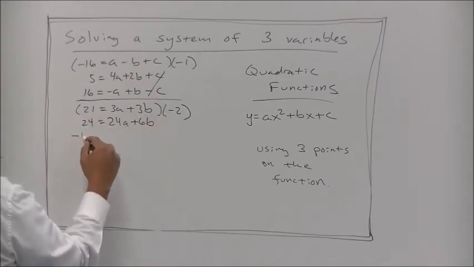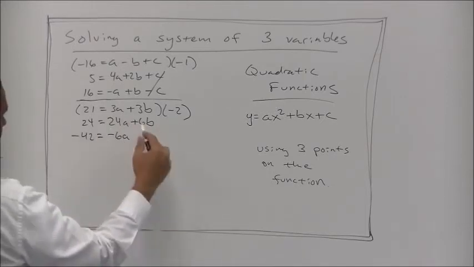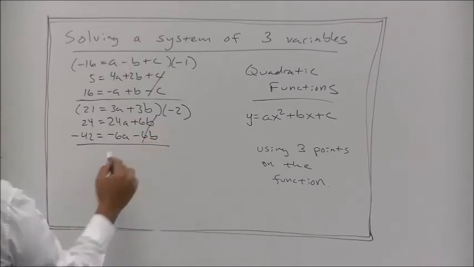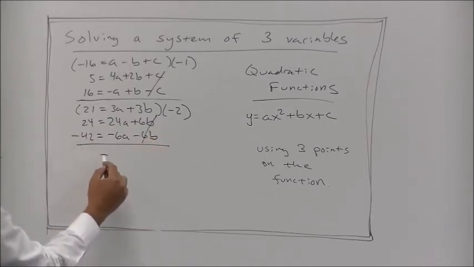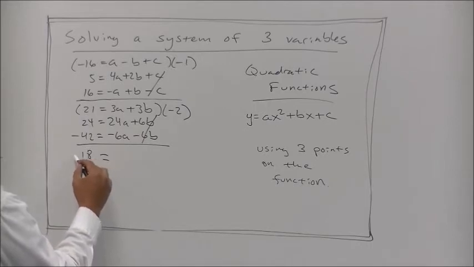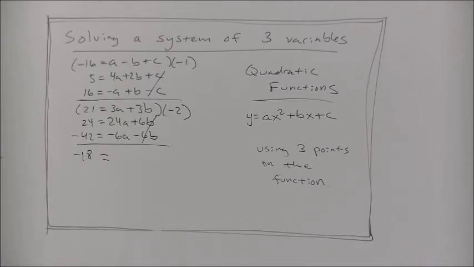So that's -42 equals -6a minus 6b. So those go away. So subtract those, what do you get? 18 negative. Is that right? Yep, -18.